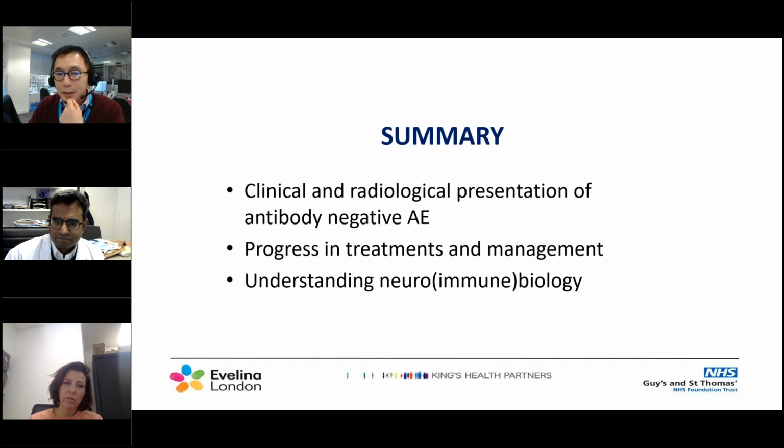And of course, ultimately understanding neuro and immunobiology is going to help us progress that field further, because many patients are antibody-negative and we don't really know what is the perpetrator here, so to speak.